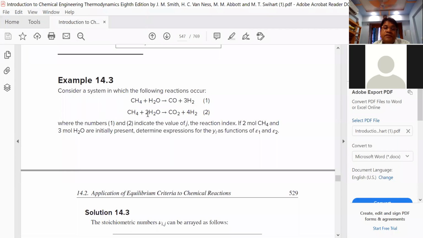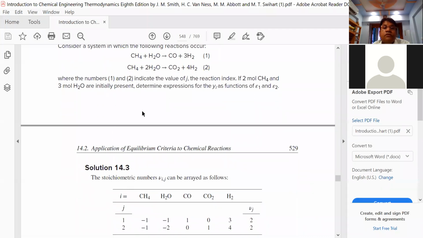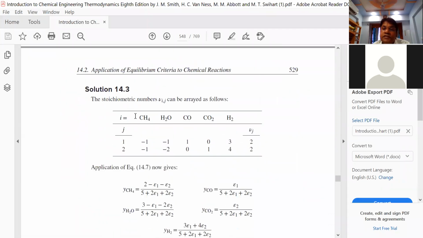Now let us express the mole fraction of each component in terms of the extent of reaction. So you can make a matrix. Please make a matrix. i is the species. First you write what species are involved in this reaction.